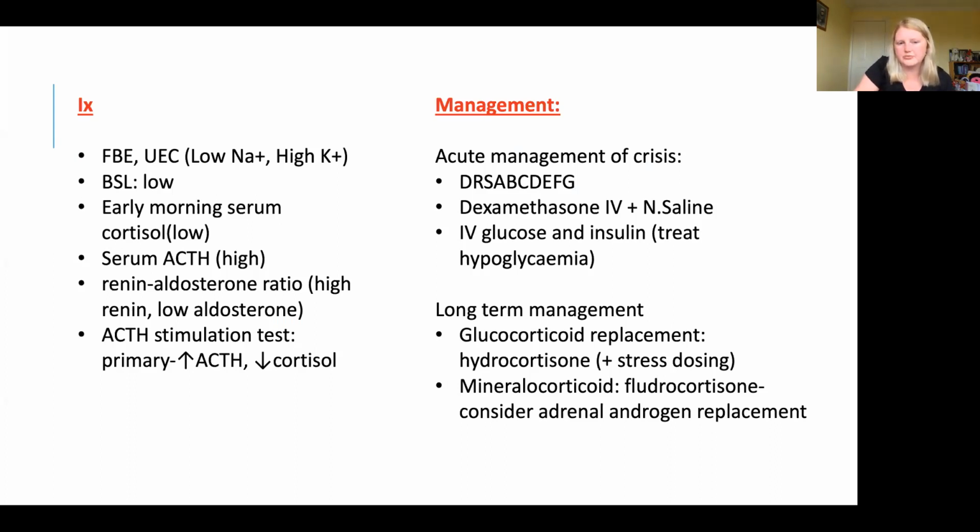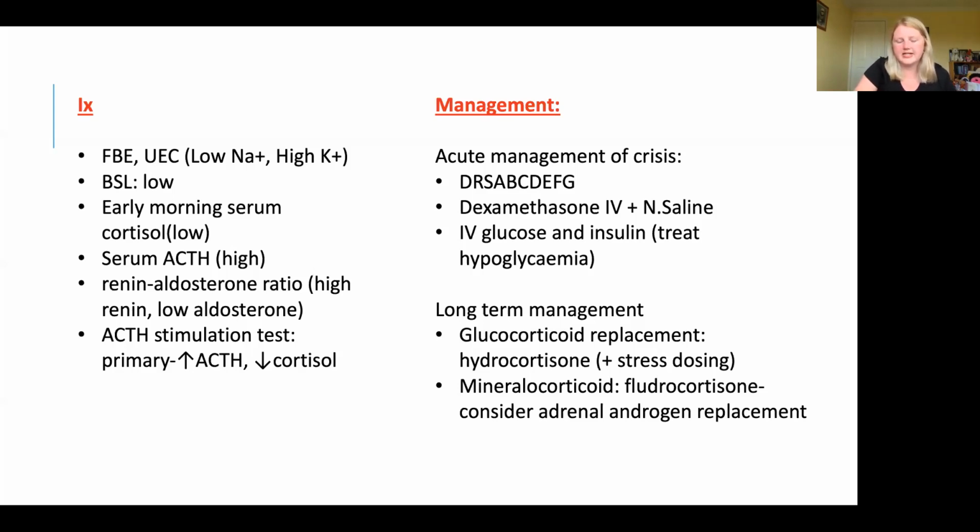We can also do ratios with renin and aldosterone, because normally this process would be under the guise of the renin-angiotensin aldosterone system. So because there's low levels of aldosterone, you get hypersecretion of renin, despite that low level of aldosterone. We can also do the ACTH stimulation test, which gives us an idea of the level of the dysfunction.